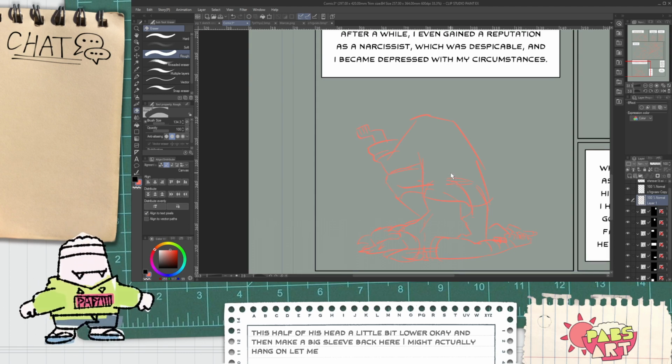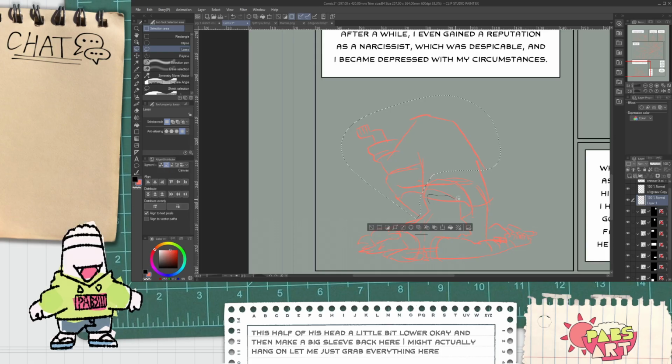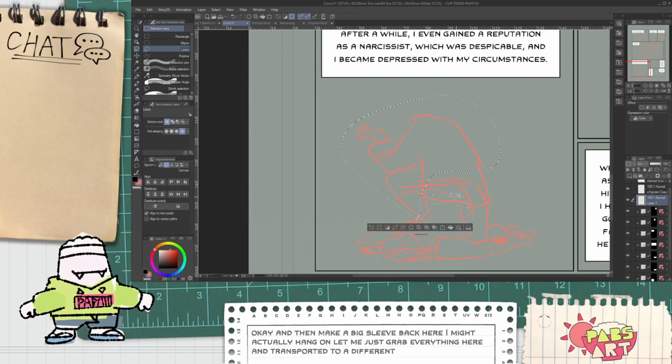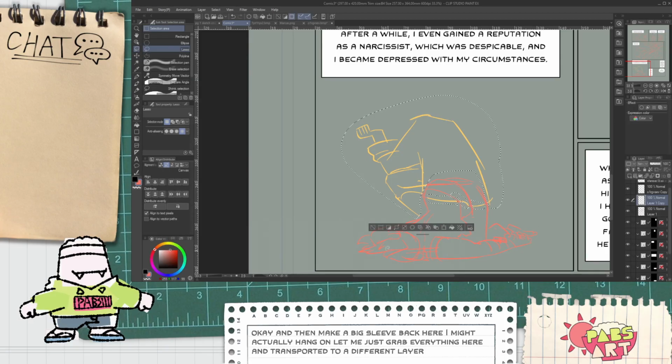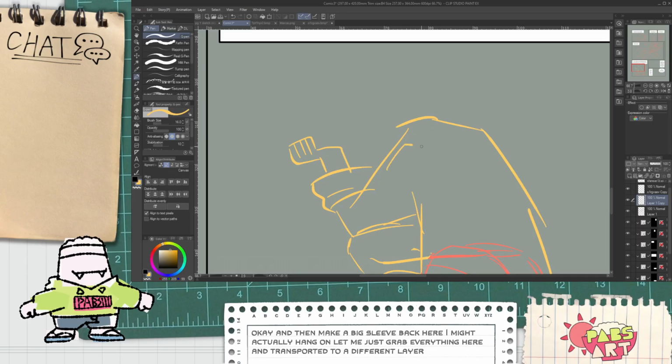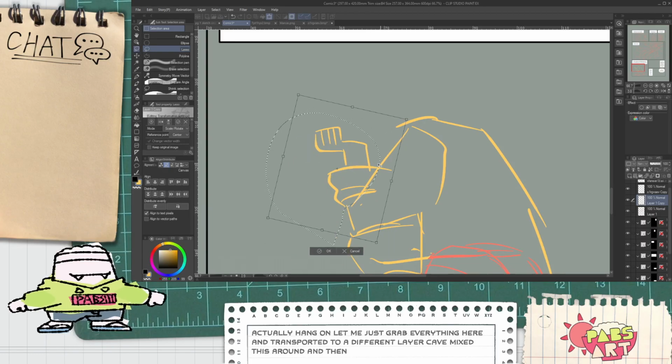Let me just grab everything here and transport it to a different layer. Okay, mix this around, and then just make it a little bit more vertical.